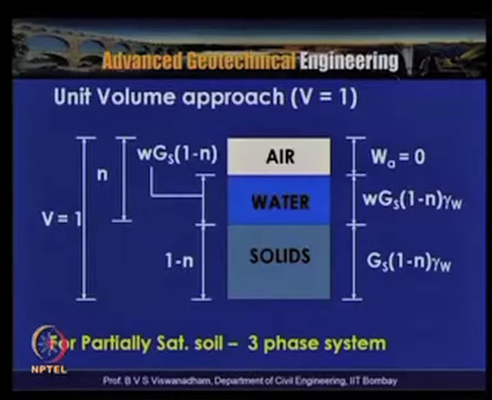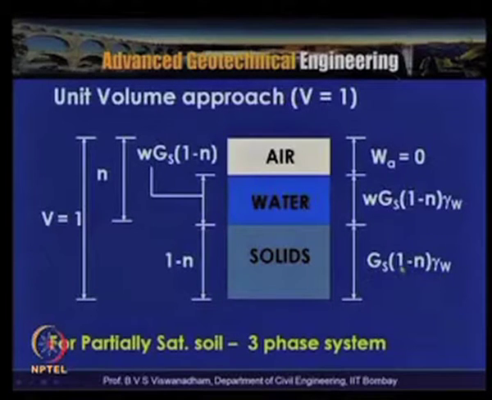So, if you set the total volume as 1, then the volume of voids is nothing but n, because porosity is nothing but volume of voids divided by total volume. So, Vv by 1 is equal to n, that is porosity, and this portion becomes 1 minus n.